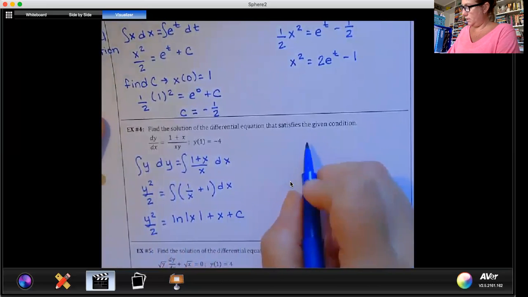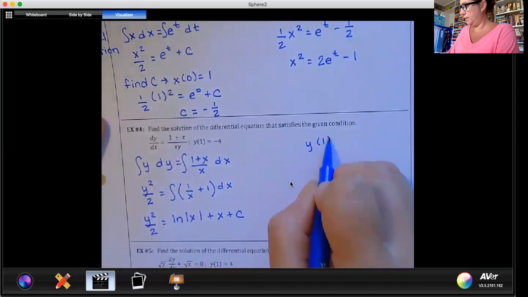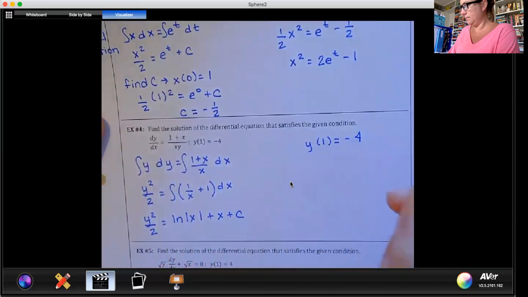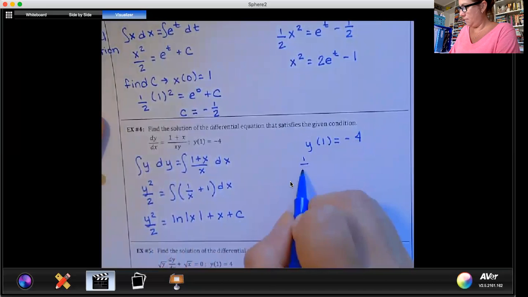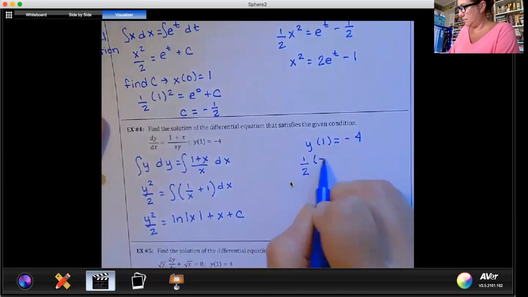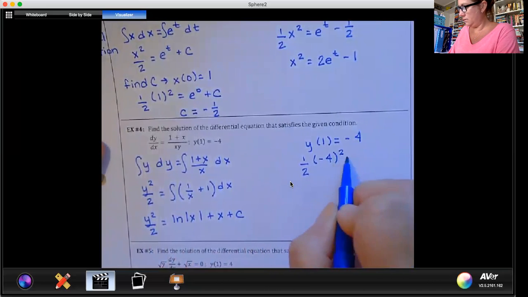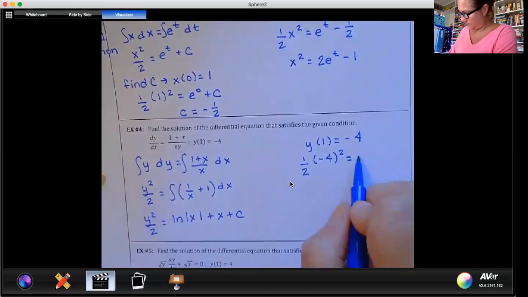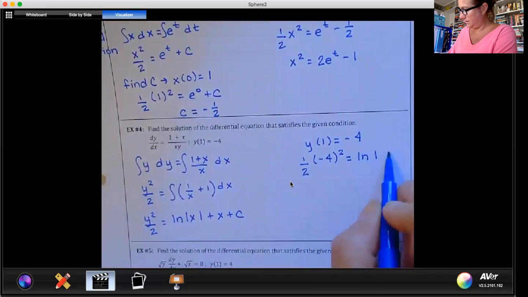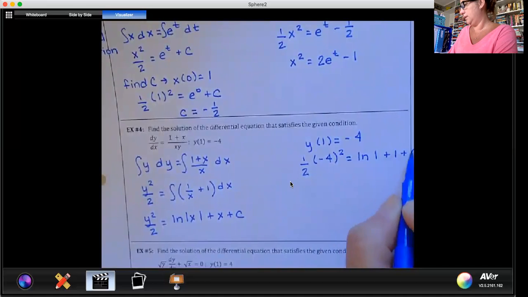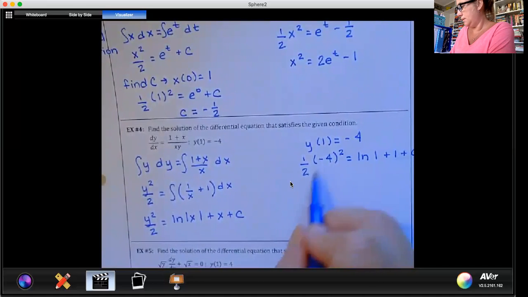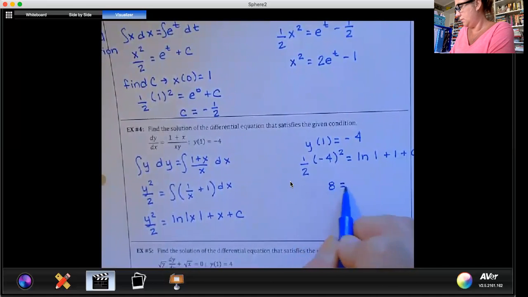So we're going to use y of 1 equals -4. So we have 1/2 times y squared equals ln 1 plus 1 plus c. This is 8 equals 1 plus c. ln 1 is 0, so c is 7.